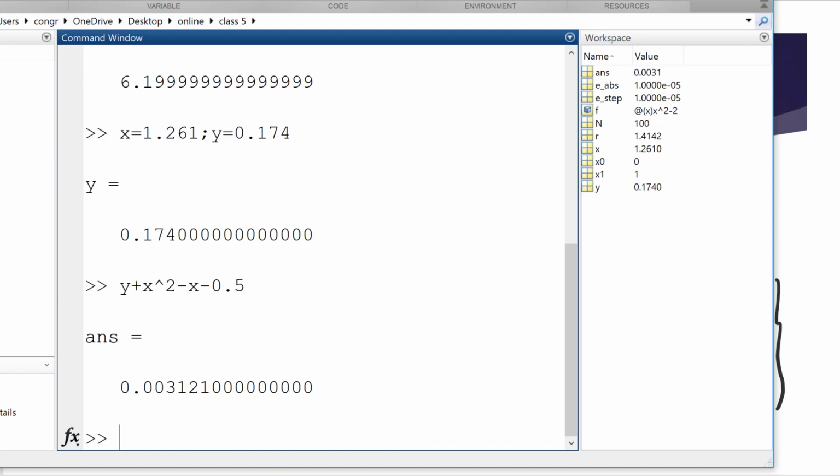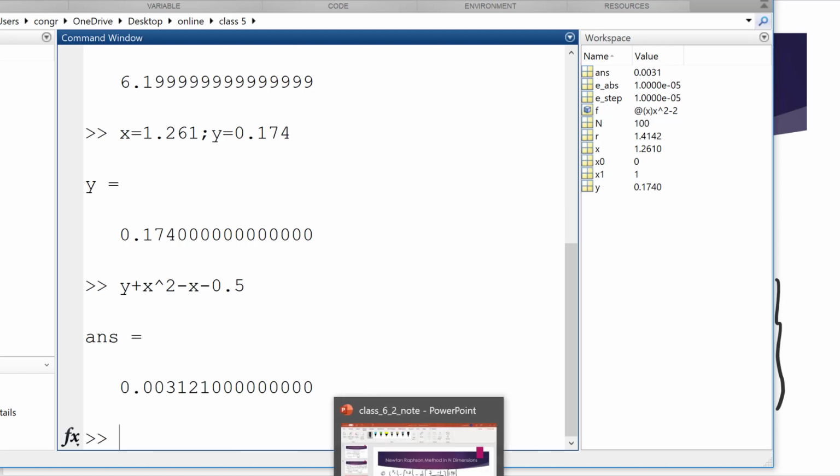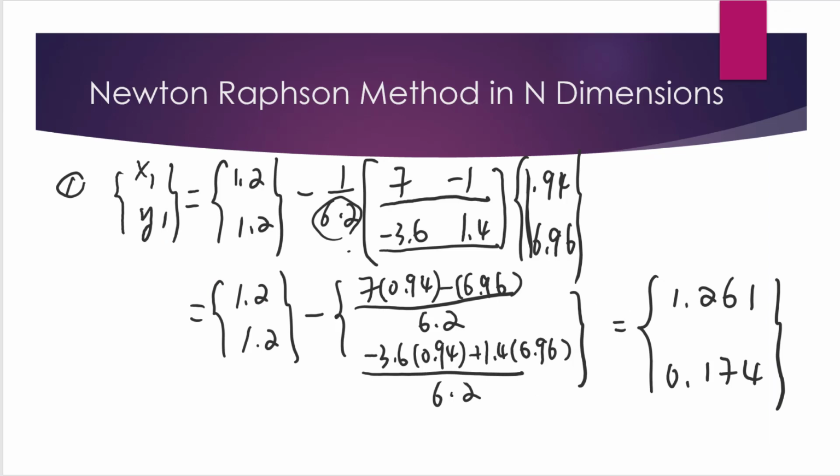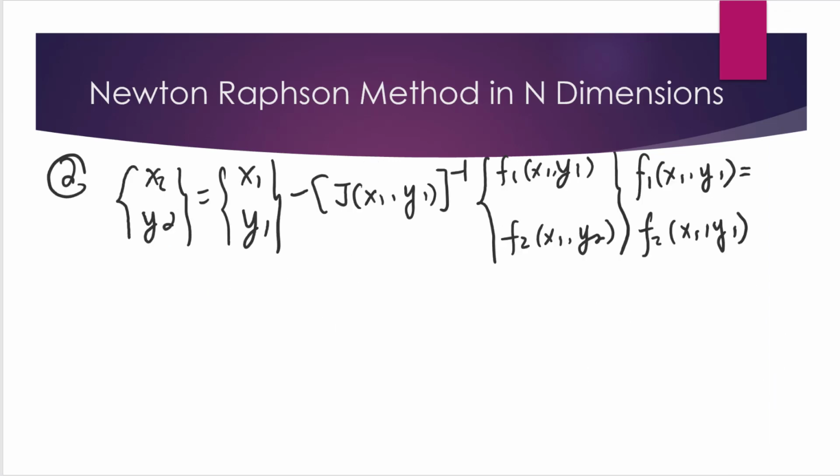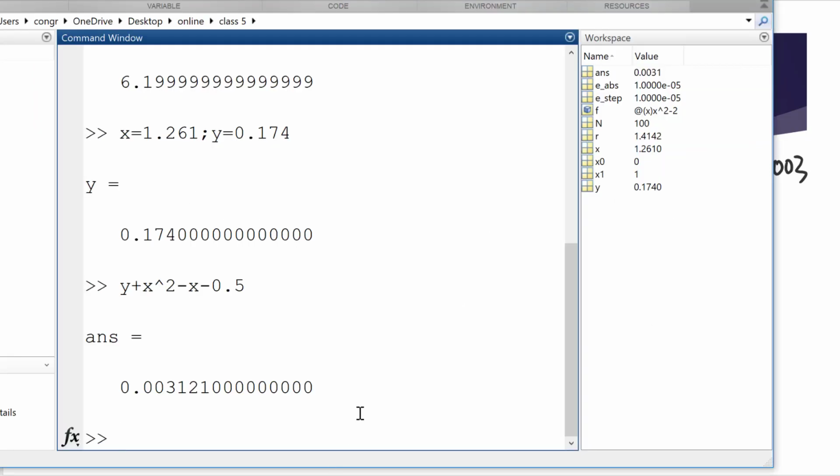So this will be 0.003. So this is 0.003. And f2 will be y minus x squared plus 5 times x times y.